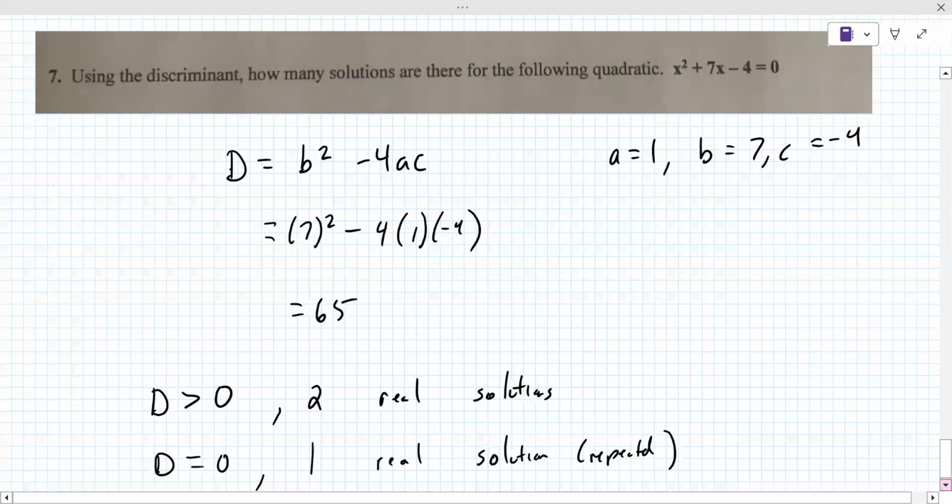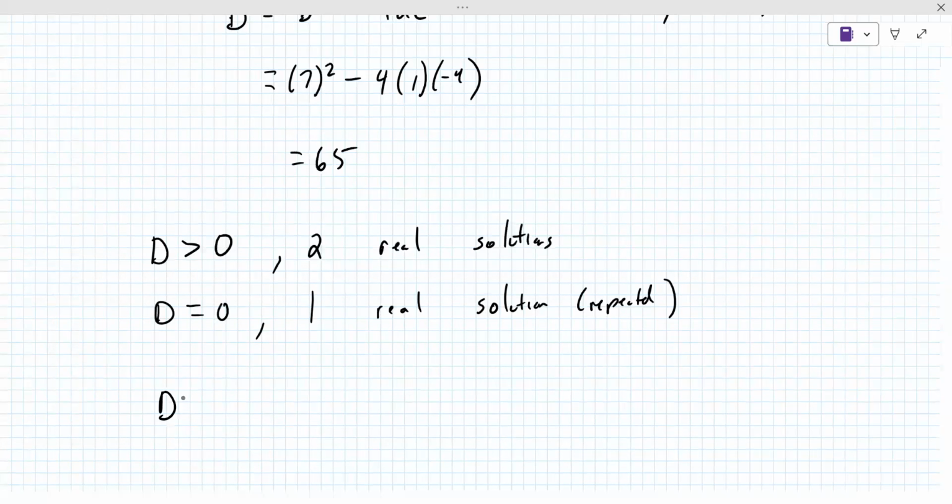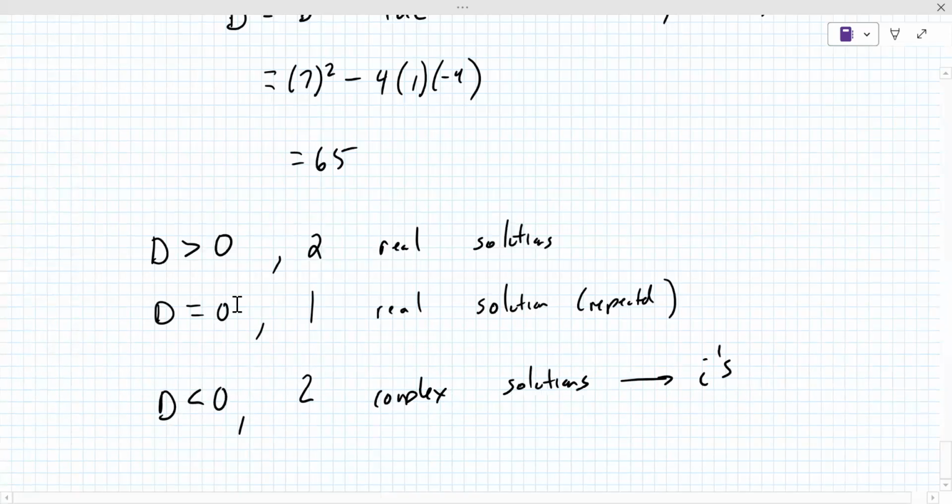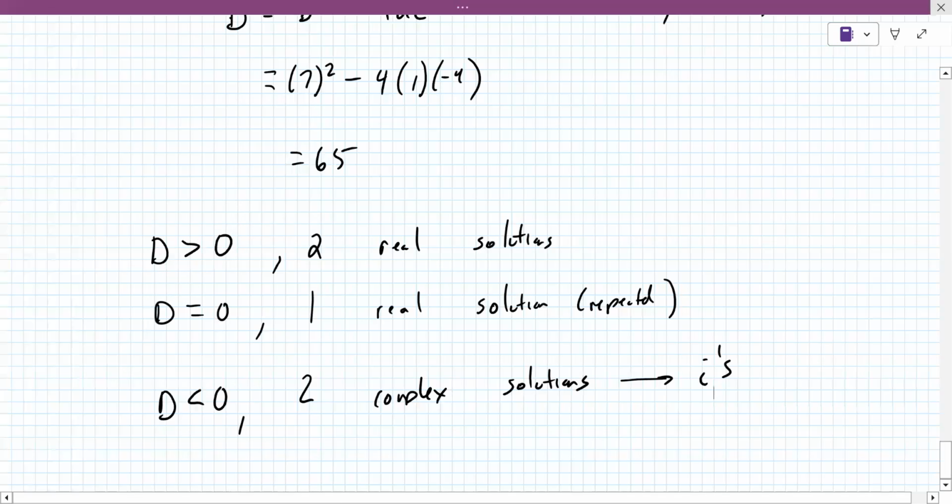And then the third possibility, which I'm not sure we have talked about, is 2 complex solutions. These have i's in them. So it might be good to put that on a note card. Depends on if you think it'll be different than this review here.